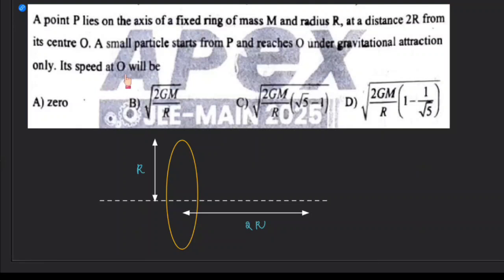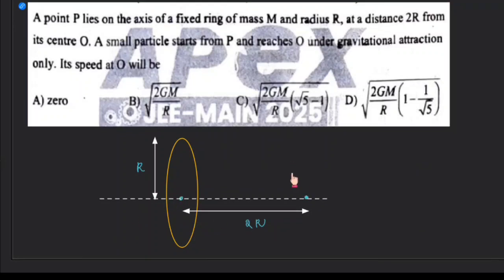Its speed at O will be, right? So let's say it starts from here and reaches here. At this point there is kinetic energy as well as potential energy. The same way here there is kinetic energy as well as potential energy. So this is initial kinetic energy, initial potential energy, final kinetic energy, final potential energy.